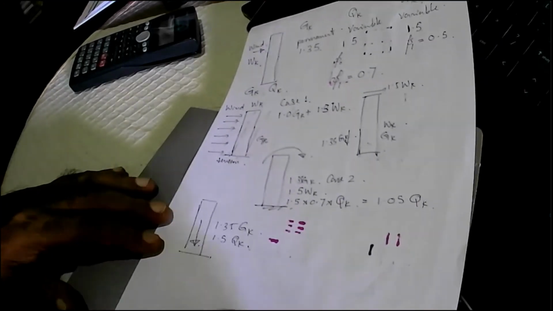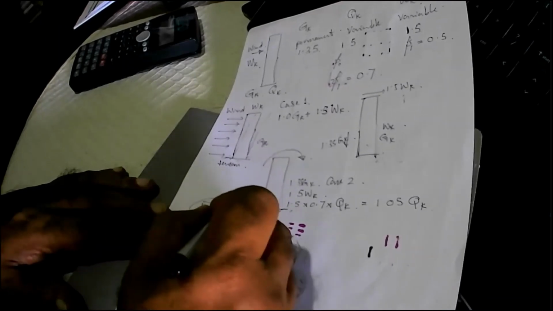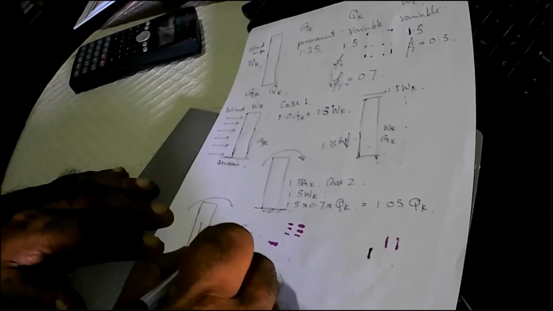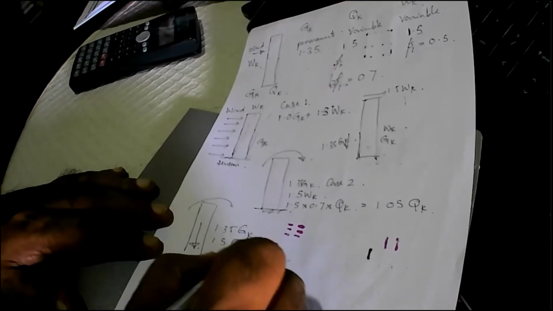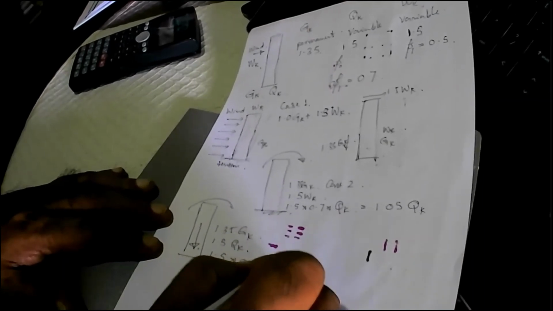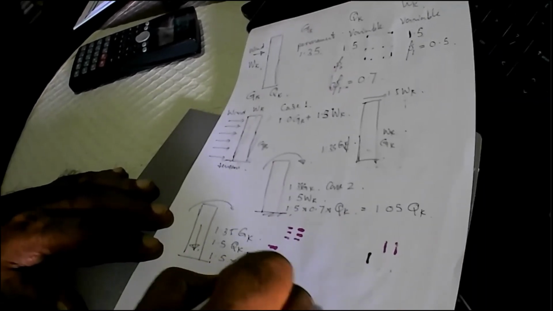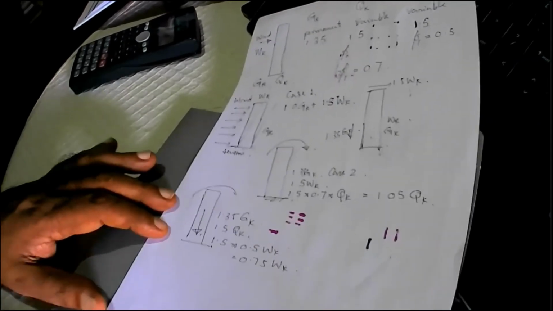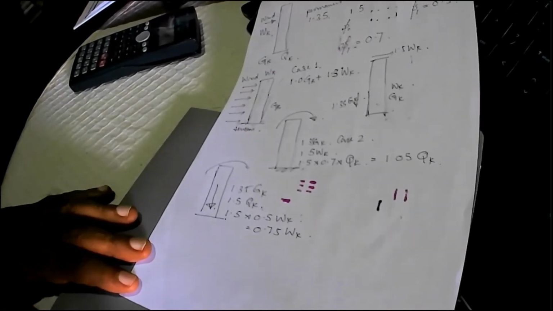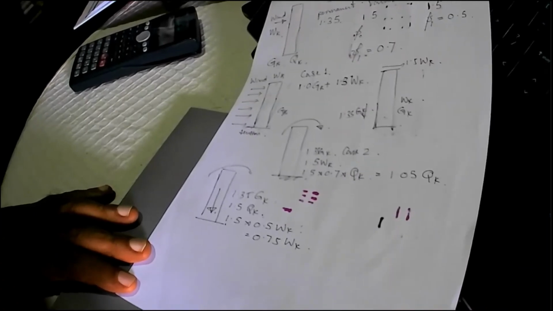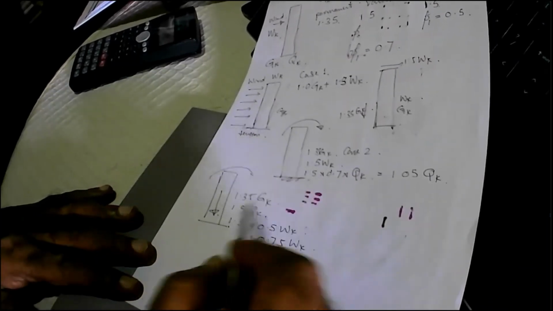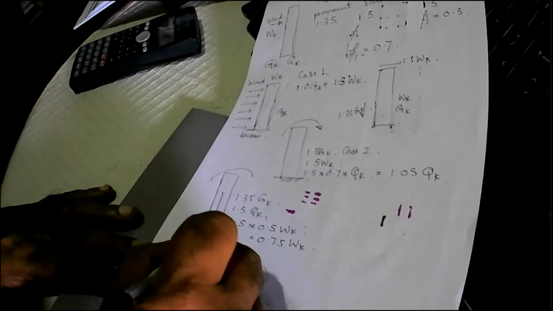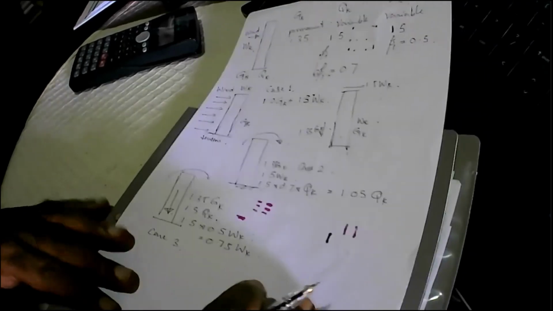And in addition to that, we will consider wind is also acting. Then you get 1.5 times 0.5 times WK. So it will be 0.7 times. So this is another case. And here you can see these two cases are clearly different. So we'll call this case 3.